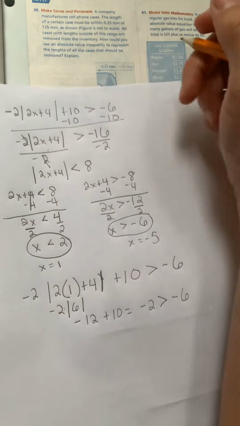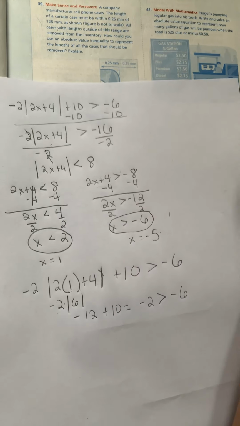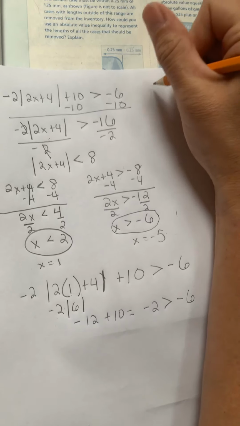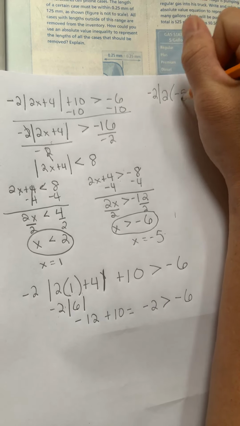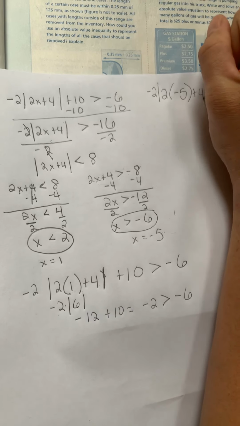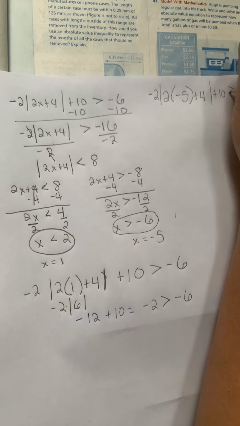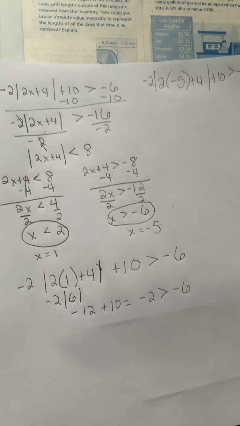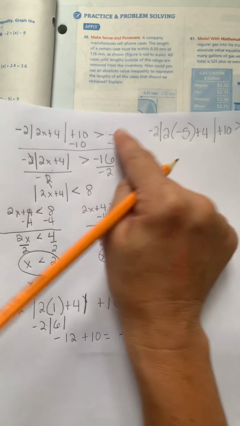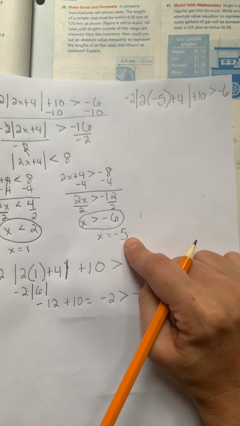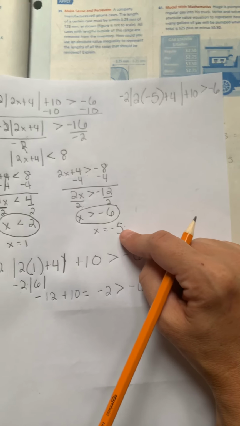And then if we take the equation and plug in -5, we'll do -2, 2 times -5, plus 4, plus 10 is greater than -6. Again, I just rewrote this equation and I plugged in a value for x that is greater than -6.